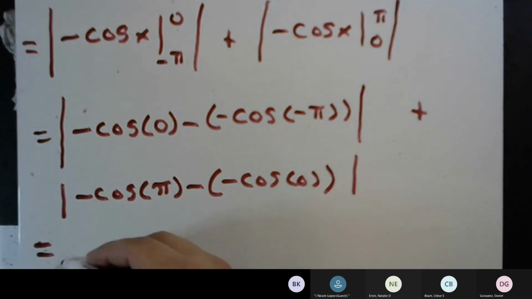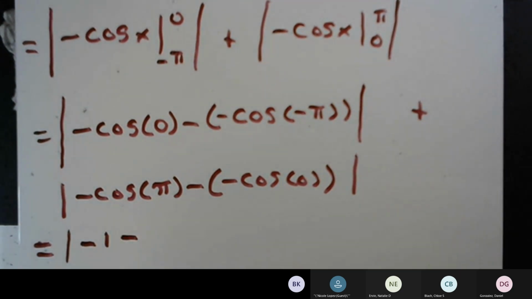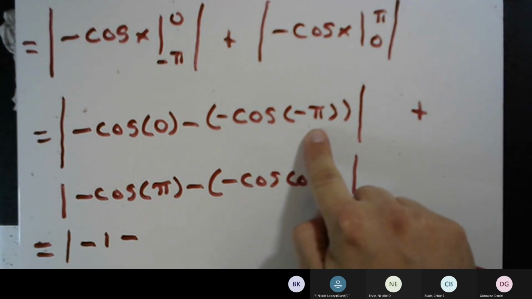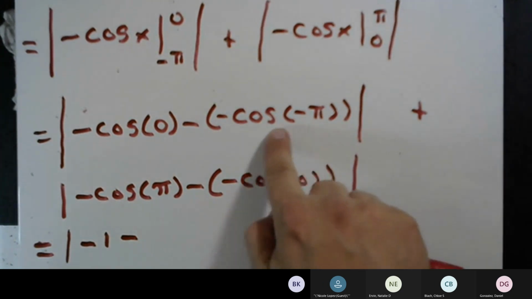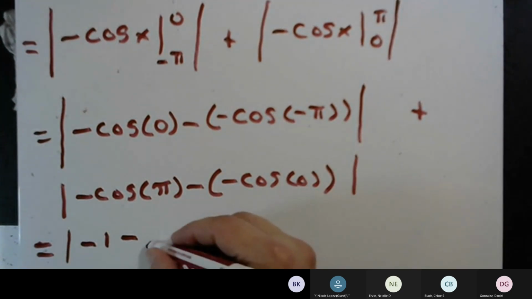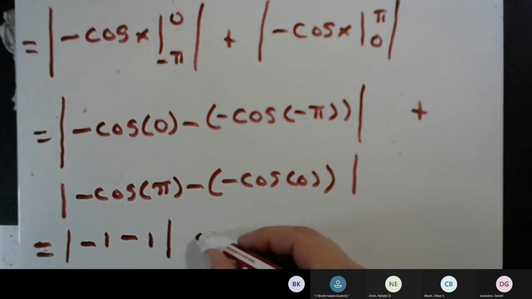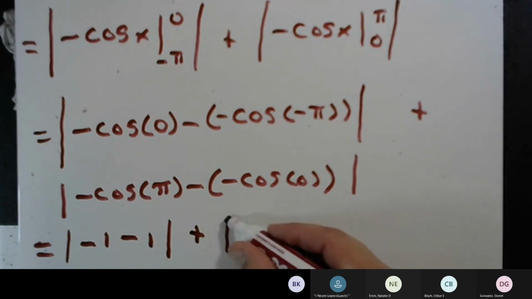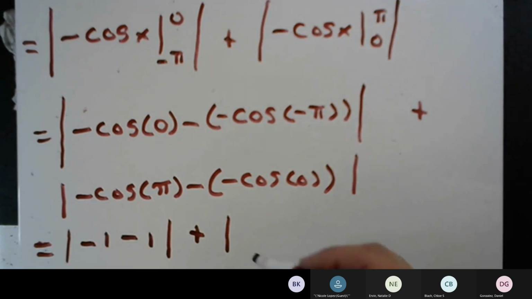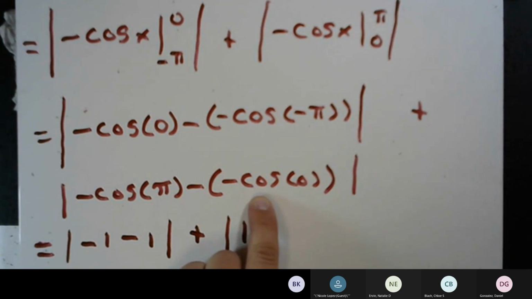This will be negative 1 minus, cosine of negative pi is also going to be negative 1, makes it a positive 1 minus 1, plus cosine of pi is negative 1 times negative is 1 minus cosine of 0 is 1.